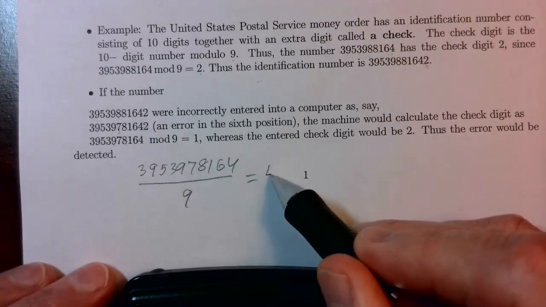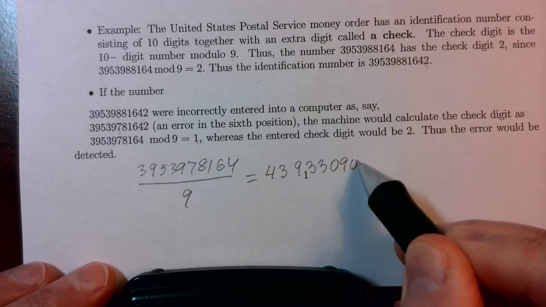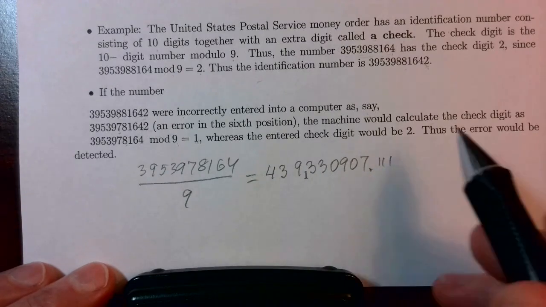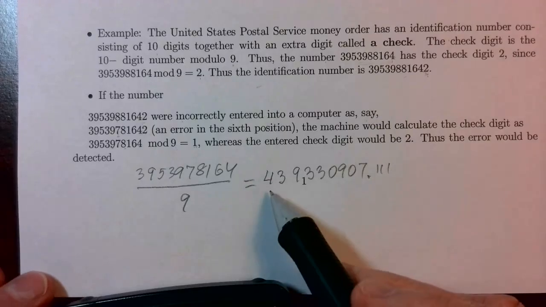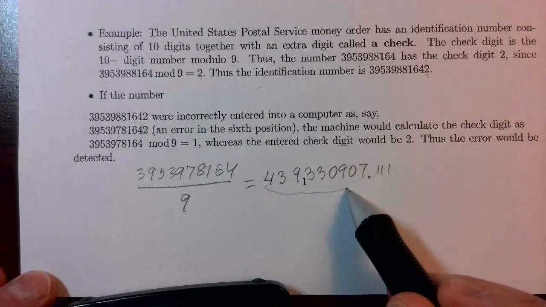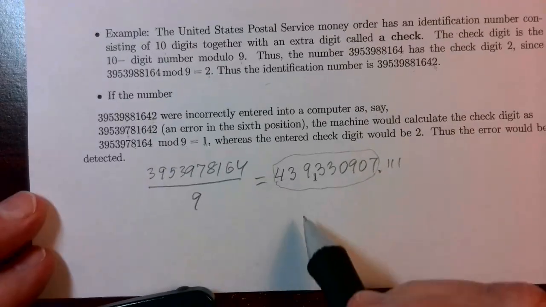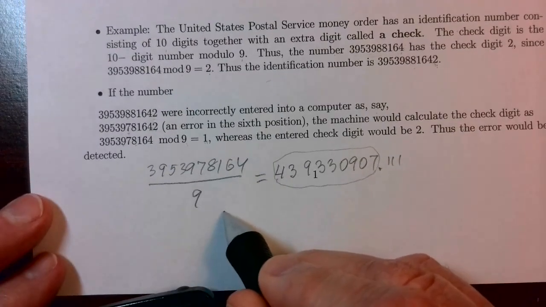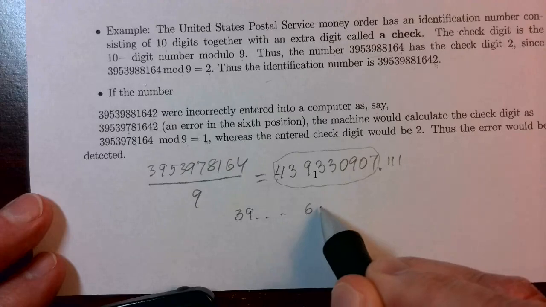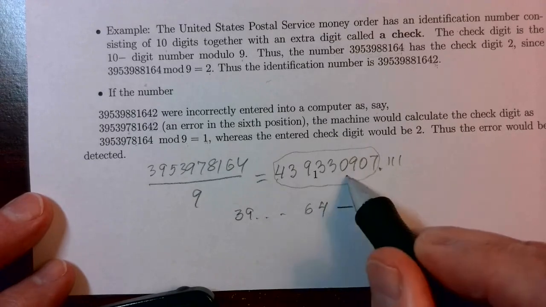The result is 439330907, and then we have some ones. So the quotient upon dividing by 9 is the floor of this number, which is the integer part here, and the remainder will be the difference between the original number, the numerator here, and this number times 9.